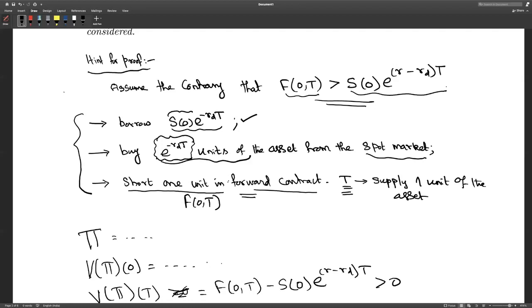And here you have to prove that this is 0, and thereby you will get an arbitrage portfolio. Similarly, if this inequality is reversed, like less than, then you have to just reverse this strategy and build an arbitrage portfolio. I leave it to you to complete this proof.